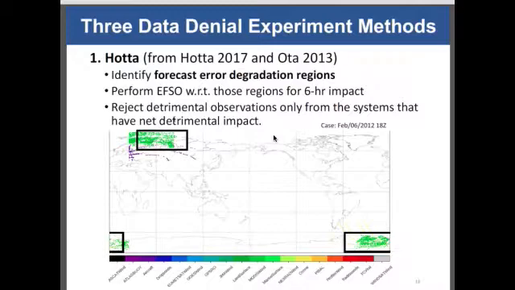Then they performed EFSO with respect to these forecast degradation regions. And then they rejected only the detrimental observations that come from an observing system that has a net detrimental impact. These dots are the rejected observations in this case. That includes the MODIS winds and some of the aircraft.